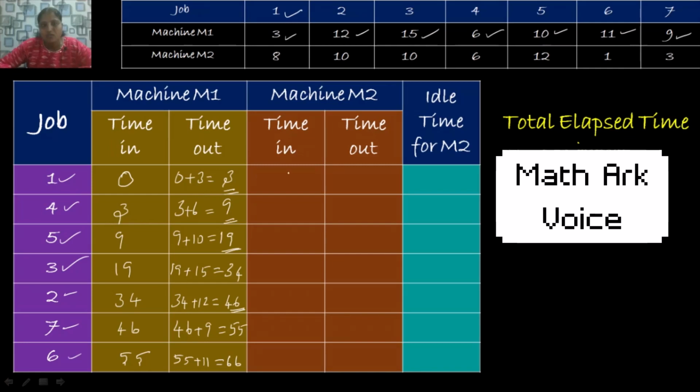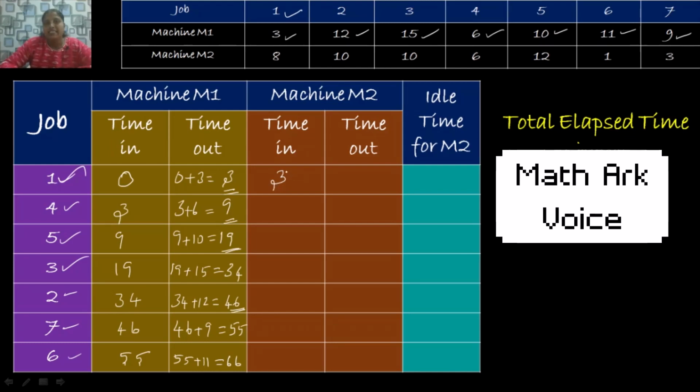Next we move on to machine M2. Both machines start at 0 time, but initially at 0 time machine M2 doesn't have any job to process. So it has to wait for a job. At 3 hours it gets a job, because job 1 has completed its processing time at 3 hours on machine M1 and enters machine M2 at 3 hours.